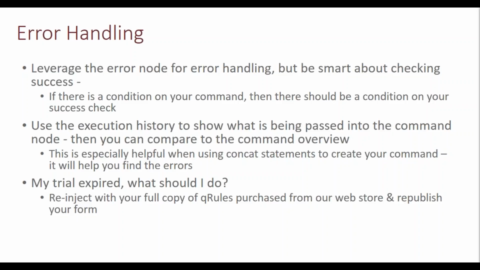If you then ran a command where field A has to equal 1, and right after that you just checked success, but you didn't have a condition about field A being equal to 1, the success node would still have the result from that initial rule that ran GetInputParameter. So you could have a false failure there, or you could be returning an error that you've already handled for. So I just want to make it really clear that if you've got a condition on your command and then you check the success node, you're going to want a condition on that as well.